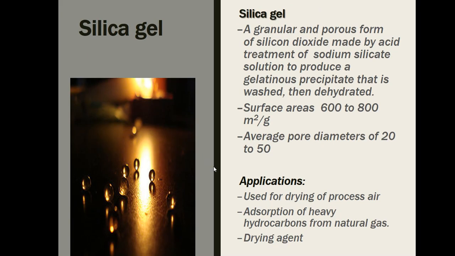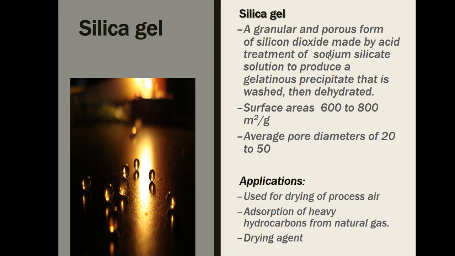Now, the second is the silica gel. It's a granular and porous form of silicon dioxide made by acid treatment of sodium silicate solution to produce a gelatinous precipitate that is washed, then hydrated. Surface areas range from 600 to 800 square meters per gram and have average pore diameters of 20 to 50 angstrom.